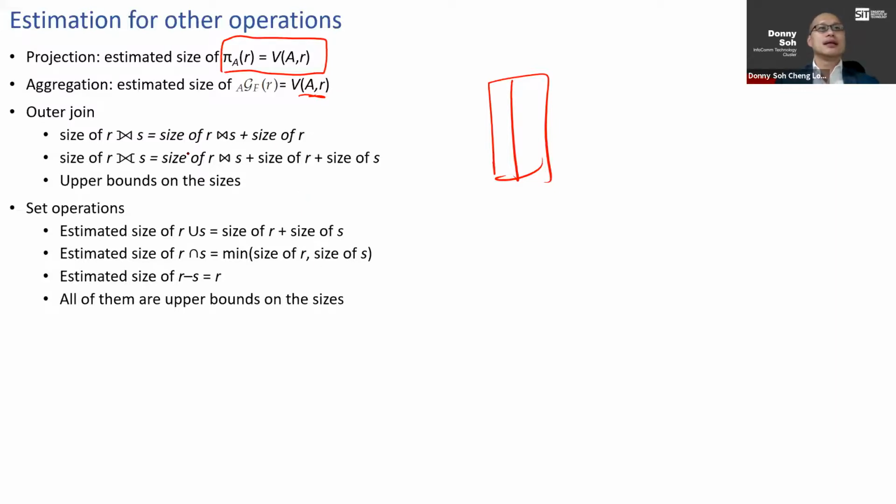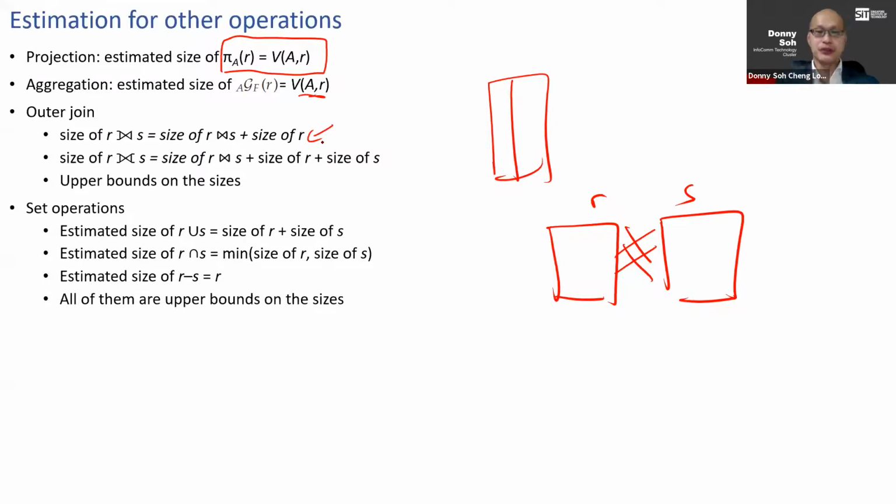Okay, the size of R left outer join with S. This is equal to the size of the join between R and S, so this will be based on the previous condition.